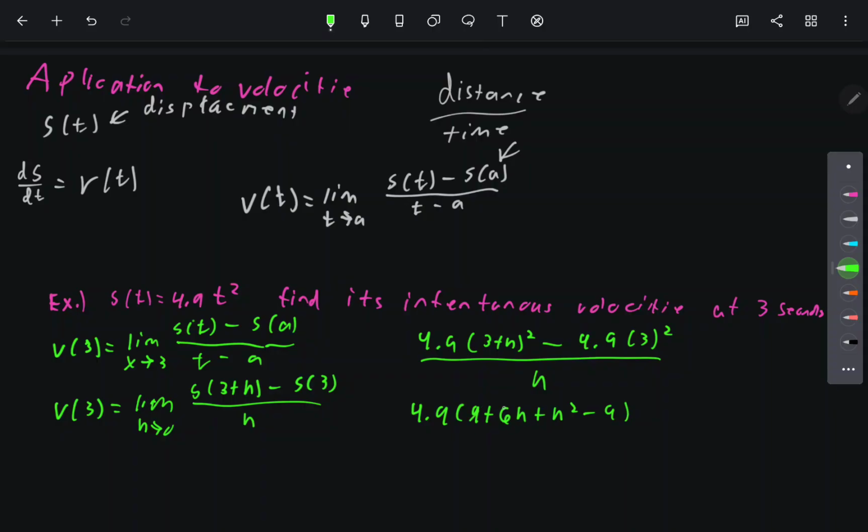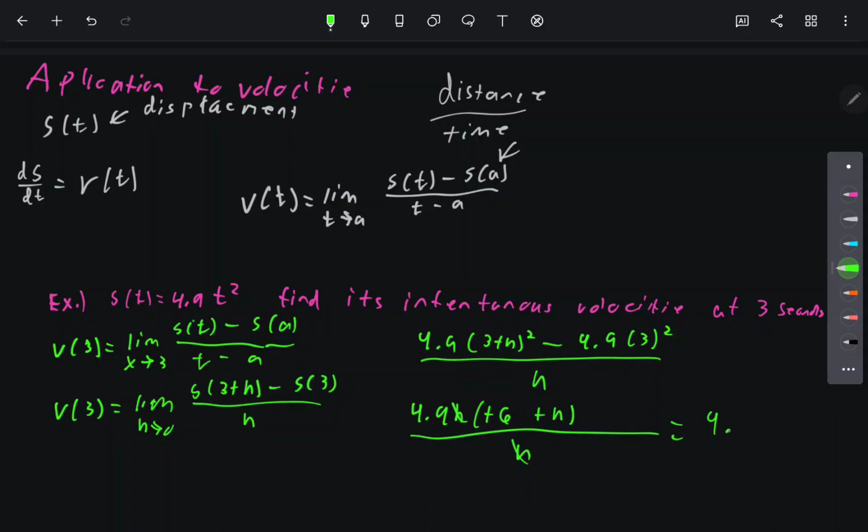These two 9s are going to cancel, and this is still over h. We can also factor out an h, so we get 4.9h, and then we cancel the h's.